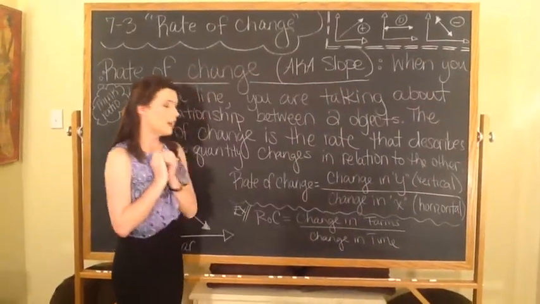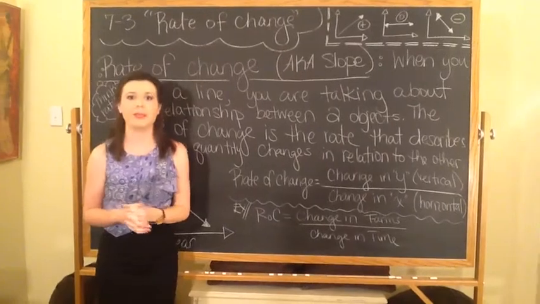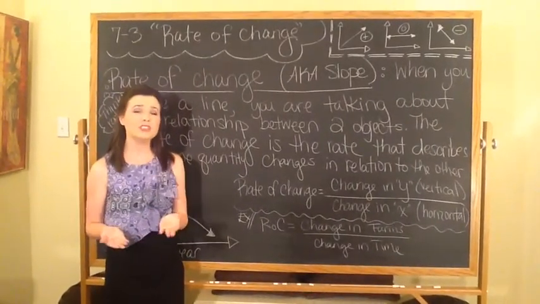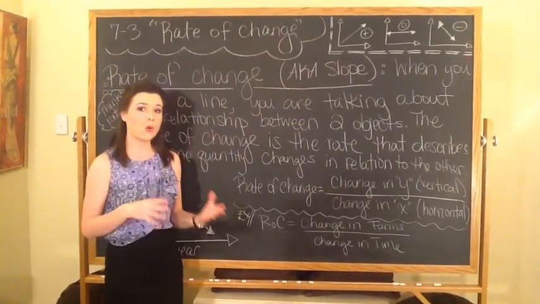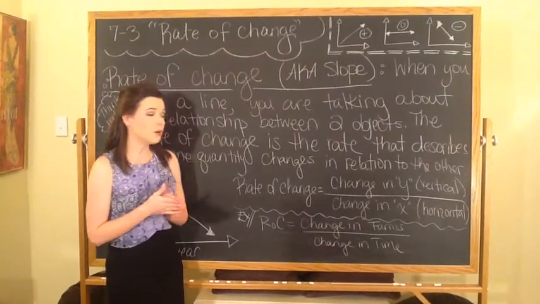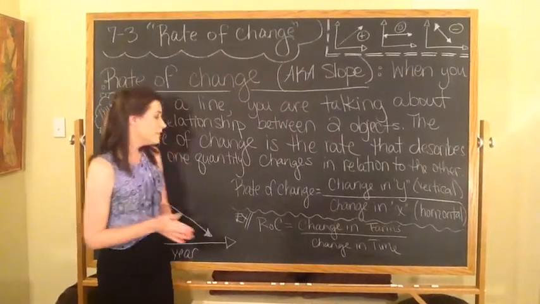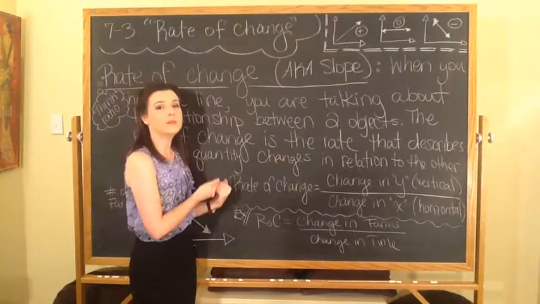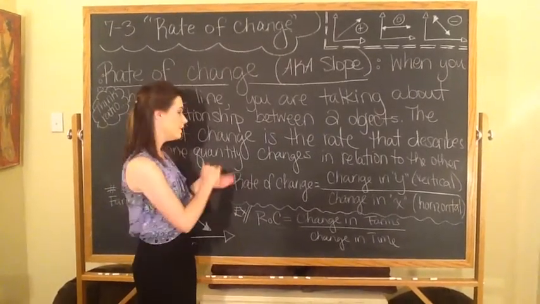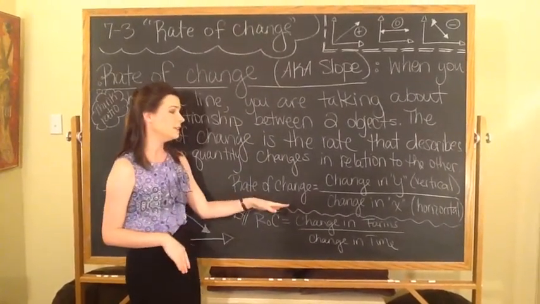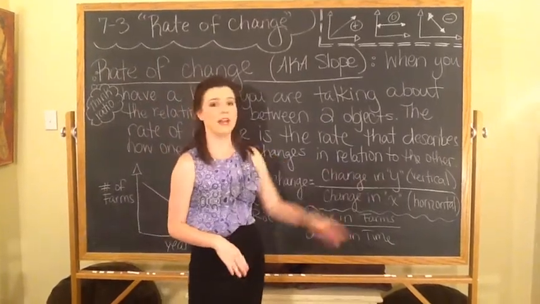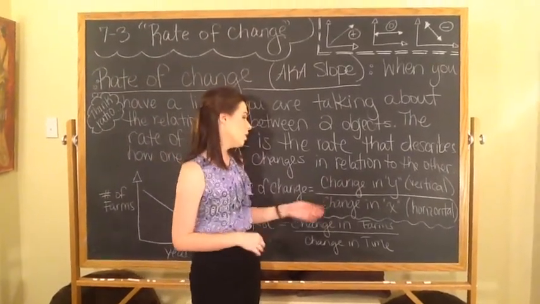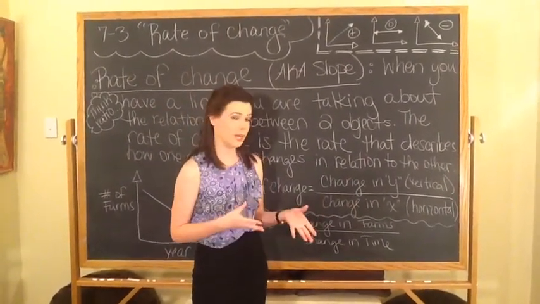In order to find the rate of change, you're going to be given an equation, a chart, or a graph, and you'll have to plug the parts into the formula. The rate of change is the change in y, subtracting y values, over the change in x, subtracting x values.